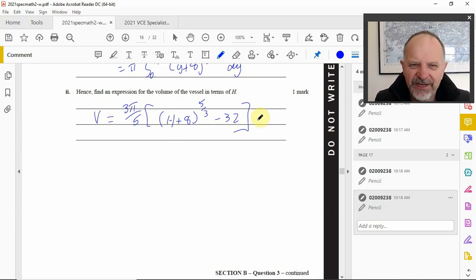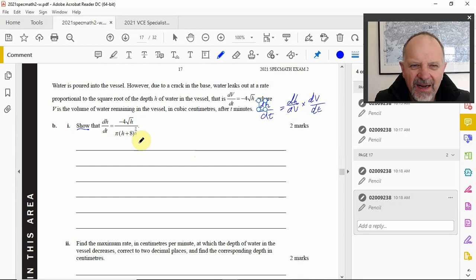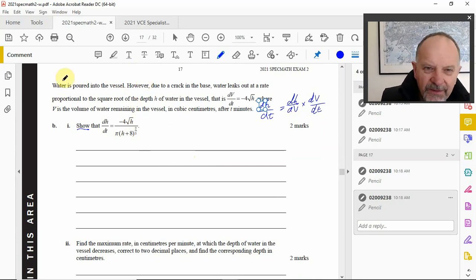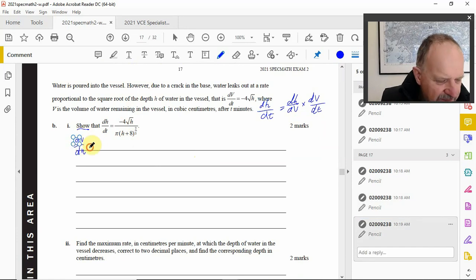And so if we differentiate that volume, well, we integrated this one to get to there, so we're going back to the pi and the y plus 8 to the 2/3. In this particular part of the question, we're using little h as our y. So from that, we know that dv dh is pi times h plus 8 to the 2/3.